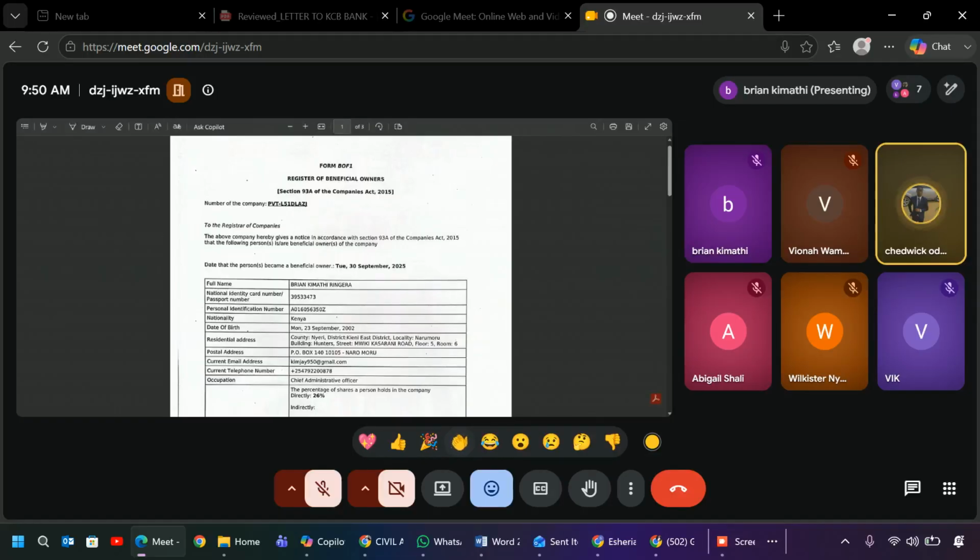Subsection 12, notwithstanding the provision of subsection 10 and 11, the registrar may give a direction to a company that is in breach of subsection 3(b), specifying (a) the statutory requirement for which the company is in breach, (b) the action that the company is required to take, (c) that the company has to comply with the directions within 14 days, and (d) the consequence provided for under section 894 for failure to comply with the directions by the registrar.